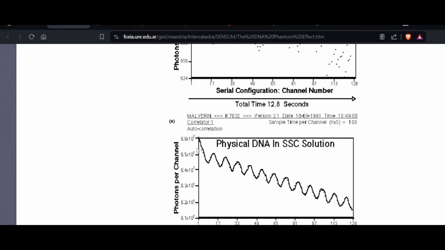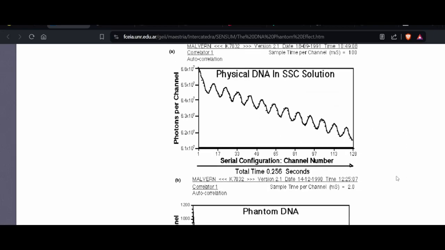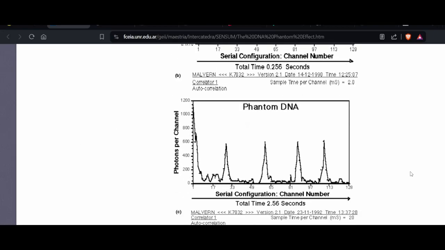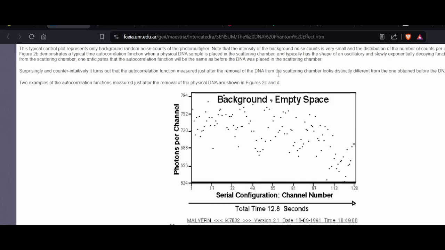So clearly something is in the way of that laser, scattering the light into your detector. Then they take the sample out. Again, you should go back to this background empty space, no sample, should be no scattering.